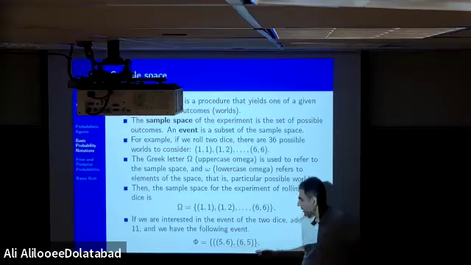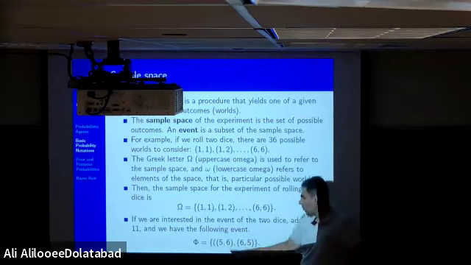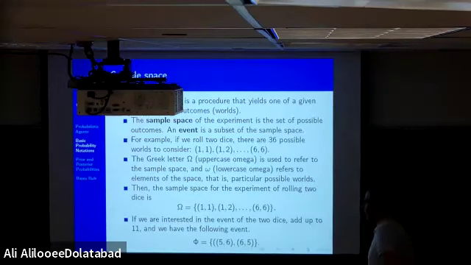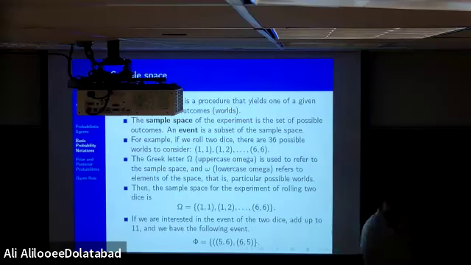If you list the cases where the numbers showing on each die add up to that value, you get these outcomes: (5,6) and (6,5), so all possible outcomes. That's an event in the sample space of rolling 2 dice.